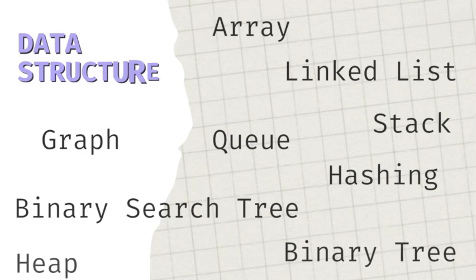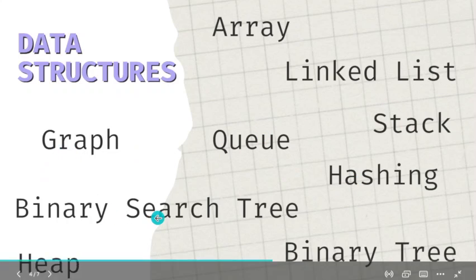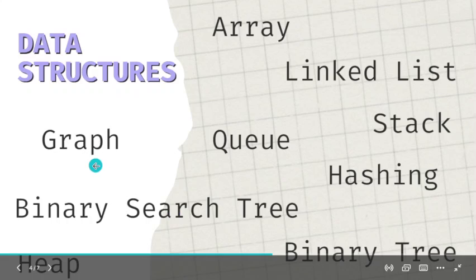So first of all, let's look at the different kinds of data structures that coexist in Java. So in Java and in most other languages, these are similar data structures, right? So we simply have this array, we have a linked list, we have a stack, a queue, hashing, graph, binary search trees, a heap, and then a binary tree.